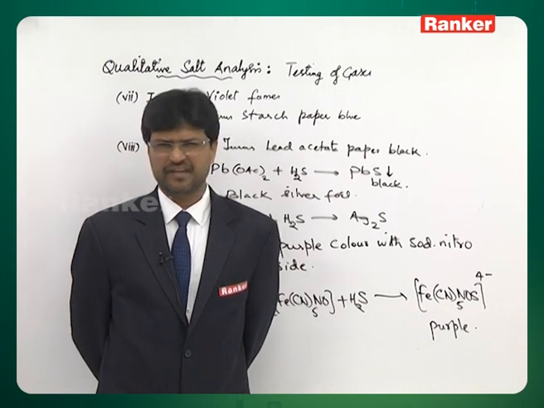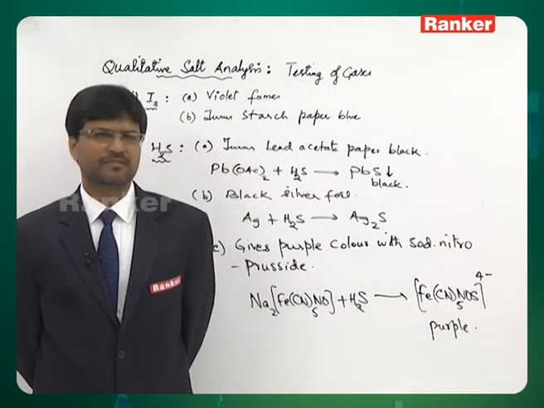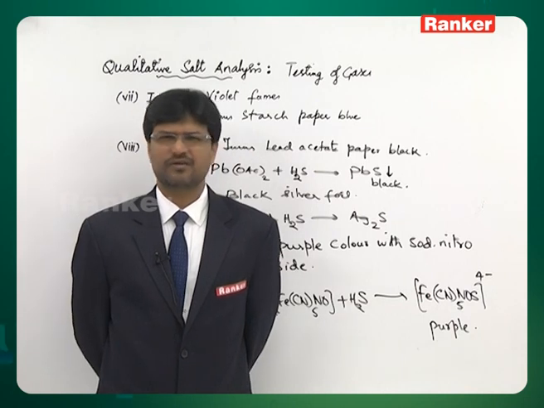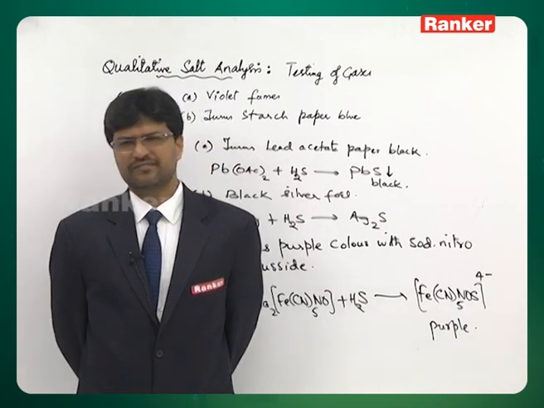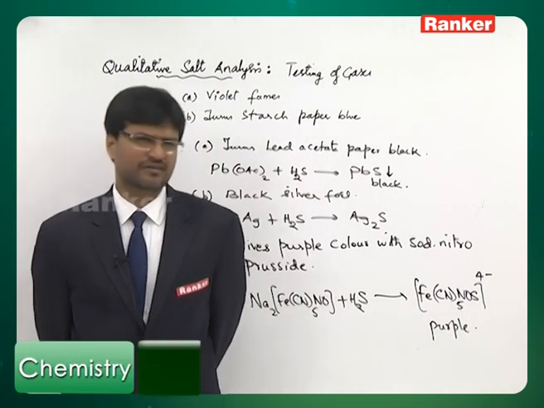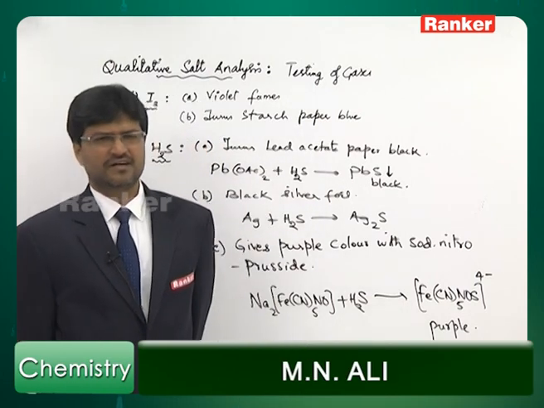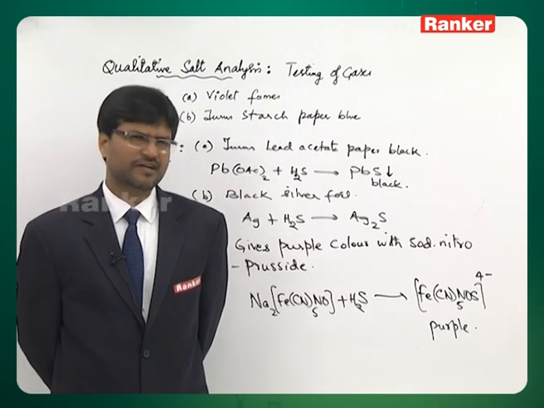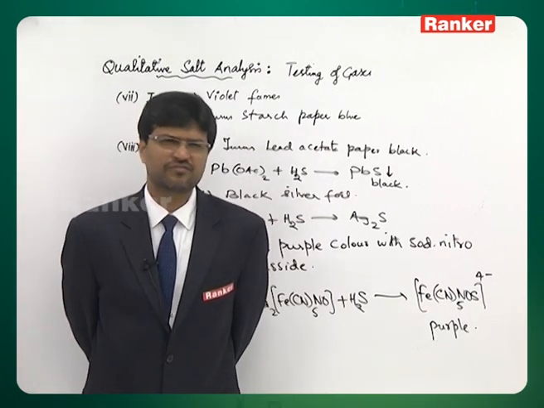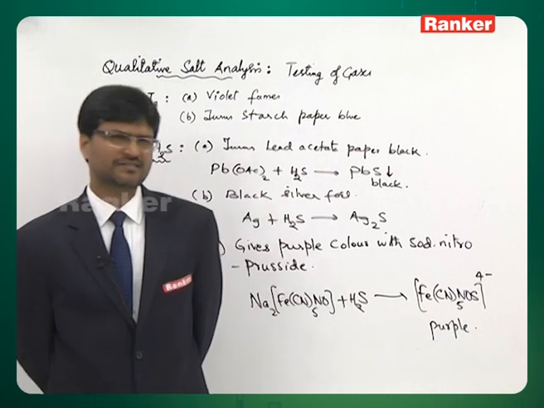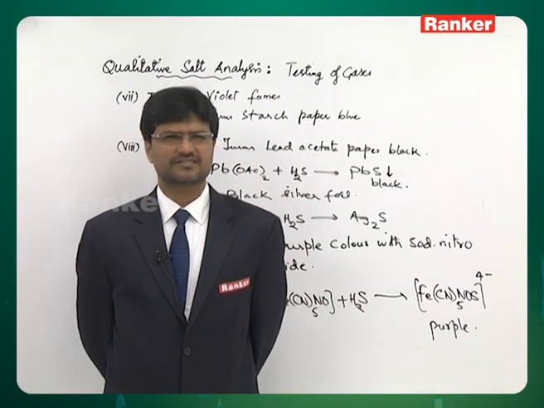We have done testing of 8 different gases: chlorine, bromine, iodine, HCl, H2S, ammonia gas, SO2 gas. We have discussed how these are tested, what are the various reactions involved in testing of these gases. We will have to now learn about cation analysis. We have so far done preliminary test, anion analysis, and we have seen how various gases are tested.